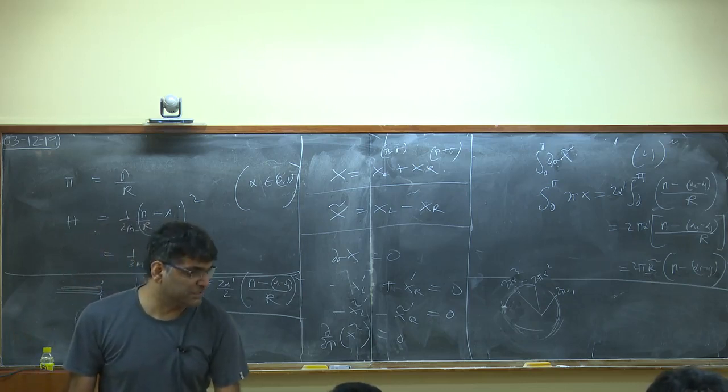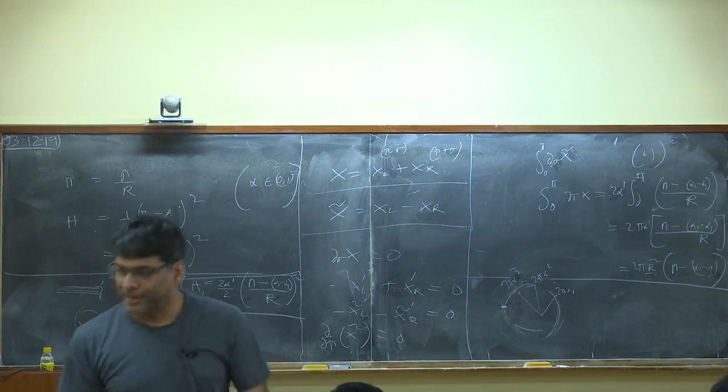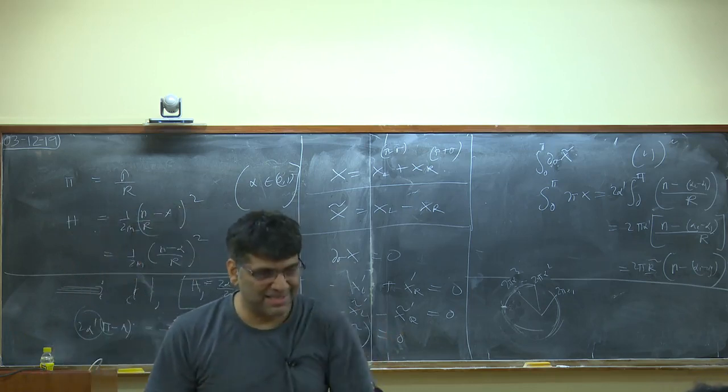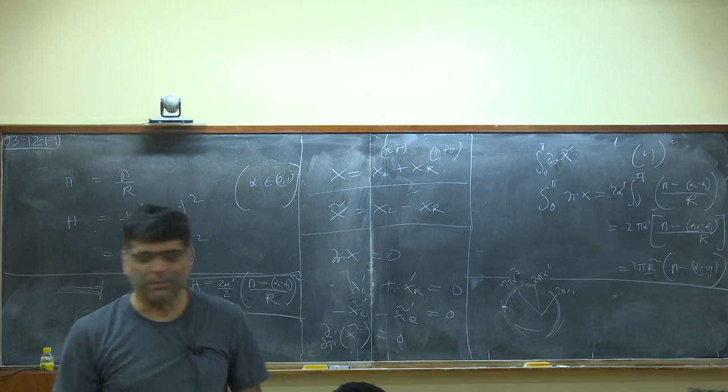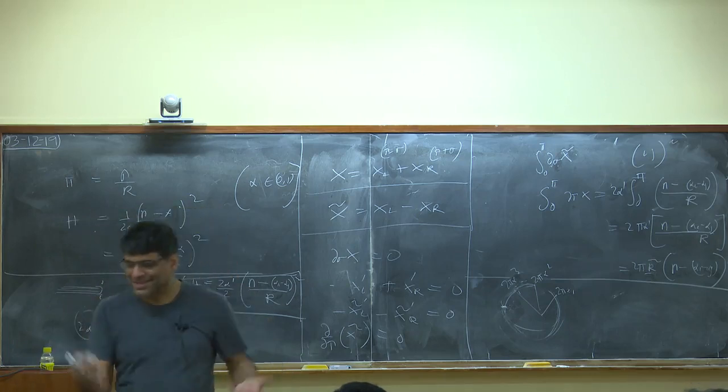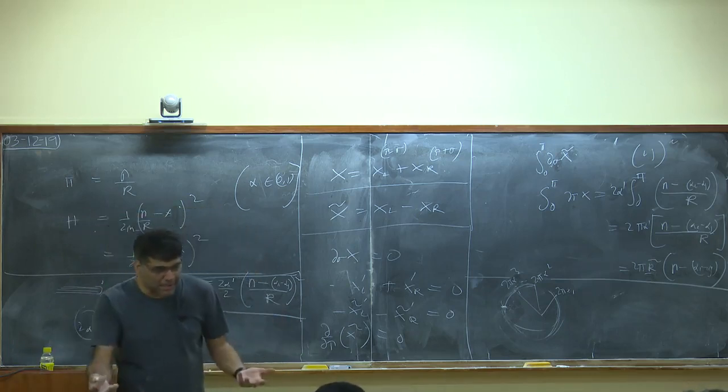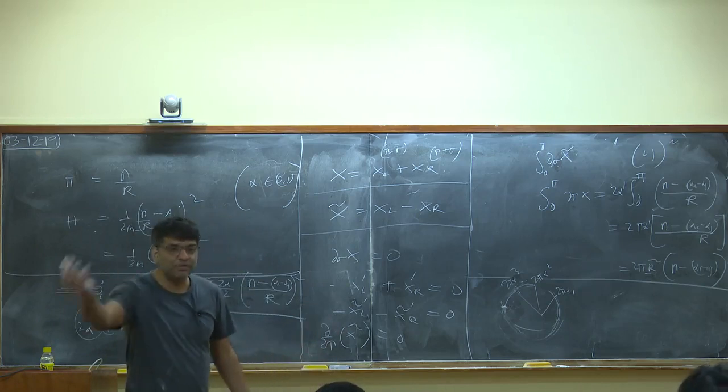These n distinct positions are 2 pi r tilde alpha 1, 2 pi r tilde alpha 2, 2 pi r tilde alpha 3, up to 2 pi r tilde alpha n.